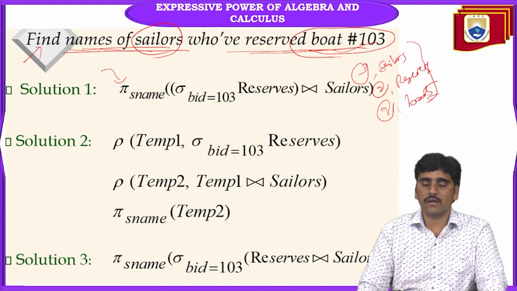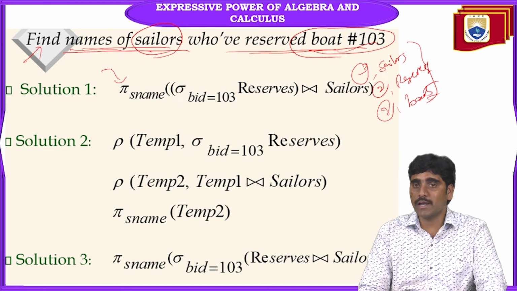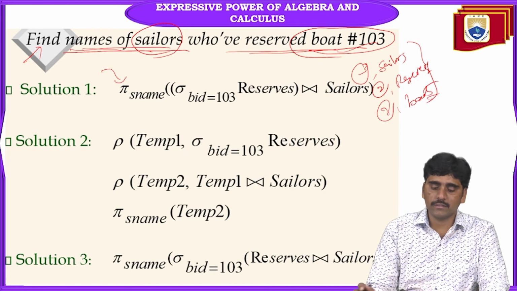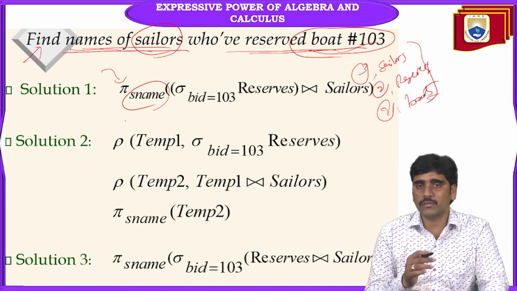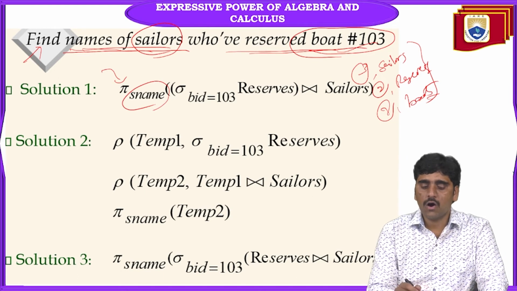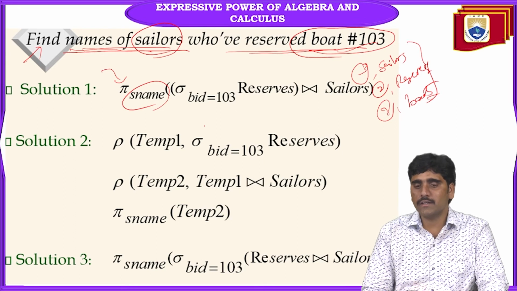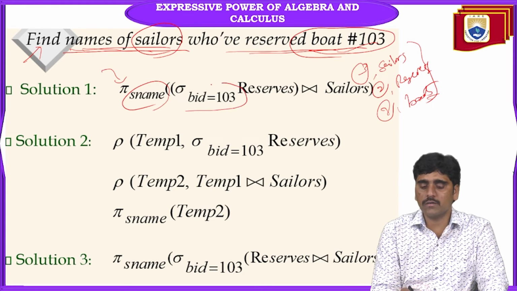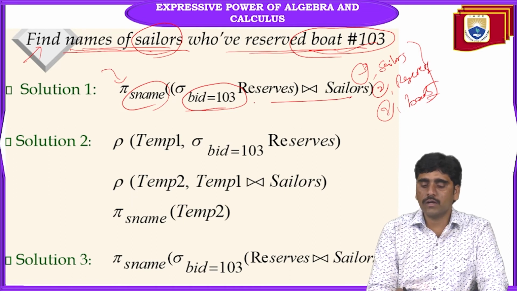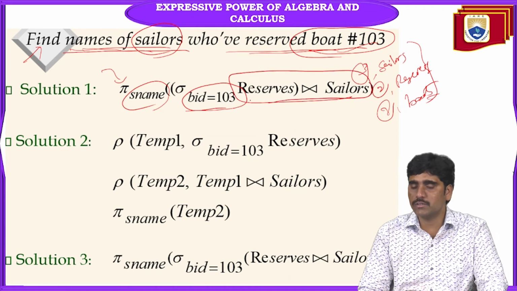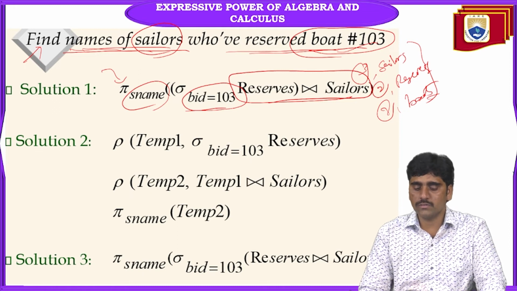But for this relational algebraic query, for this unsafe query, we can write like this. I just want to print what? S name. So pi of S name, I am projecting to display names. Selection condition is what? Boat ID is equal to 103, on two tables joined together: reserves join sailors.